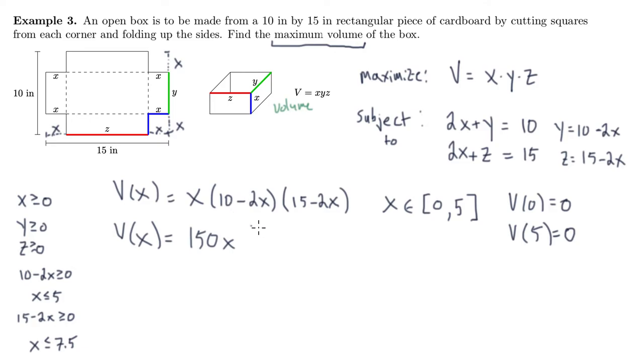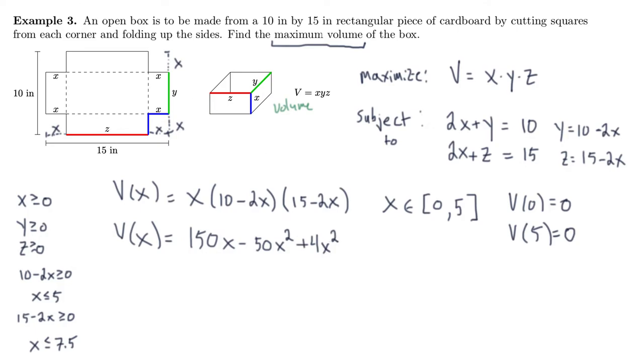Then we have minus 20x minus 30x, so that's minus 50x squared, and then plus 4x squared.